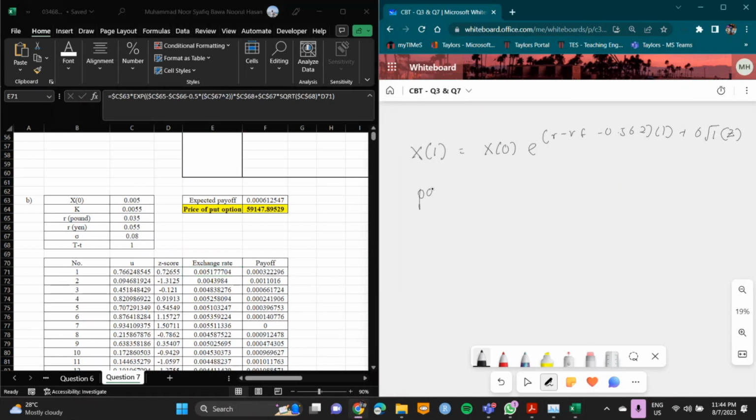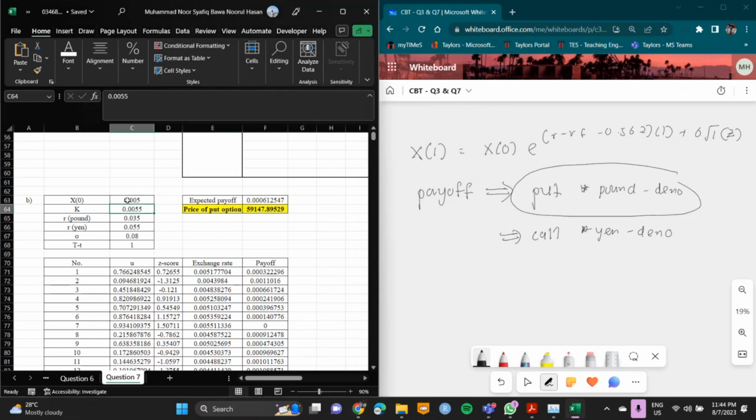So then you can also find your payoff. In this case, you can choose either put or call based on whether you want to use your pound denominated or your yen denominated. In this case, I use the pound denominated. So all my data here, the X naught, the K, the R domestic, and also the R foreign follow the pound denominated.